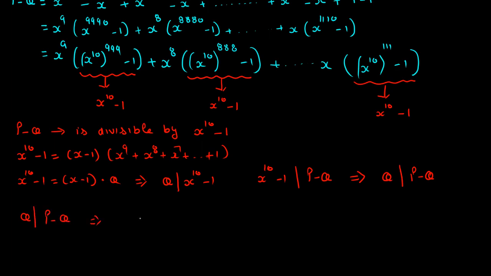So it means that p minus q is equal to q into some factor, say s. This is any polynomial factor and it means p is equal to q into s plus q, which can be written as q taken as common, times s plus 1.